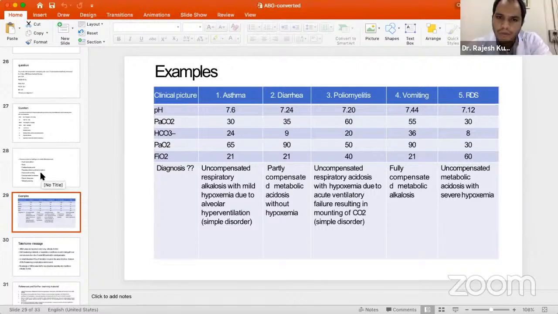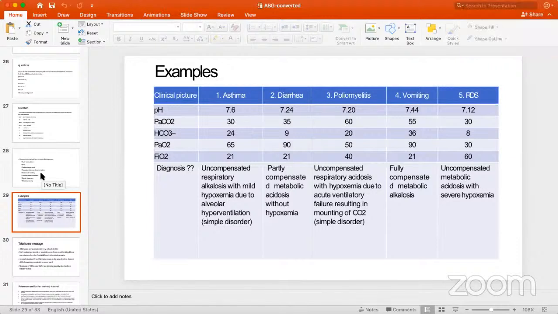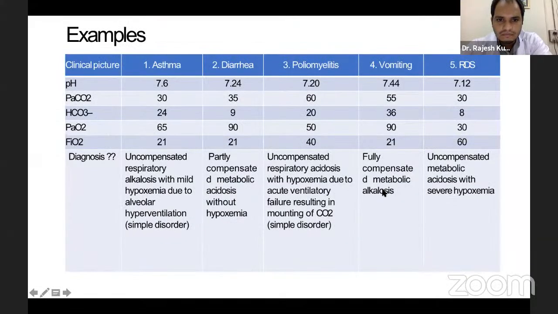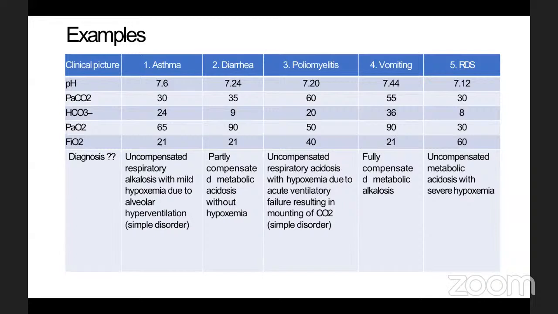She's asking for the second last slide. Yes, I am showing this slide. These are just a few disorders that we commonly face in day-to-day practice, not per se of children, but of adults or any patients.